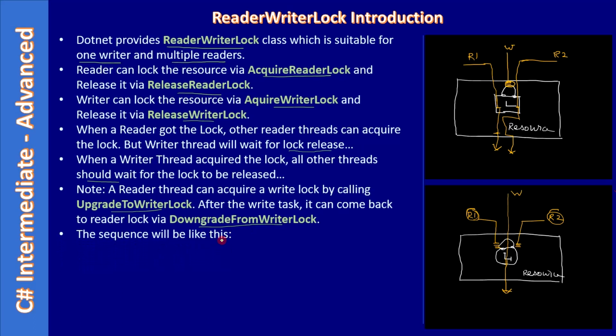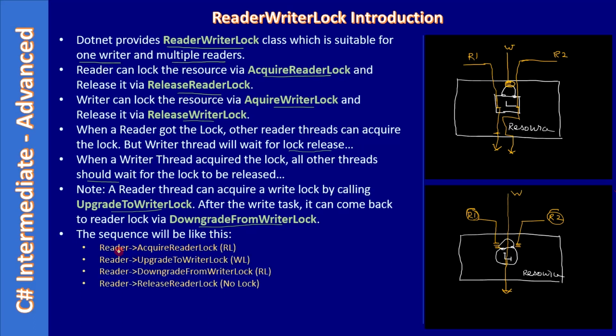The sequence will be like this. If a reader thread acquired the lock using acquire reader lock, then we will be in read lock mode. Then the reader thread finds some critical situation, and it upgrades to write lock. That means no other thread can acquire the lock. Then after finishing the critical task, the reader thread can go to downgrade from writer lock.